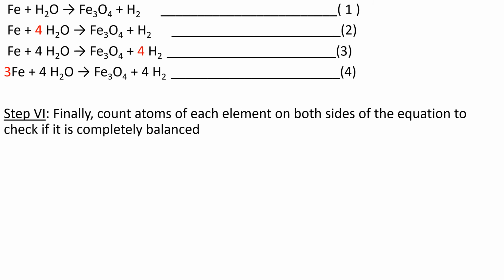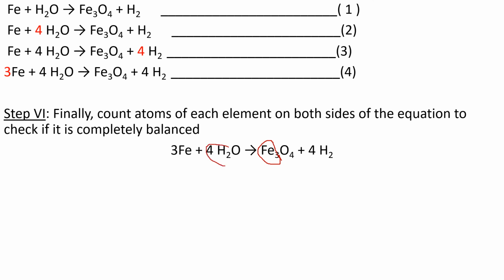So step 6, we will finally count each element, that is the atoms of each element on both the sides of the equation to check if it is completely balanced. Now if we take a final equation, here we have iron, 3 atoms on the left hand side, and on the right hand side we have iron 3 atoms.